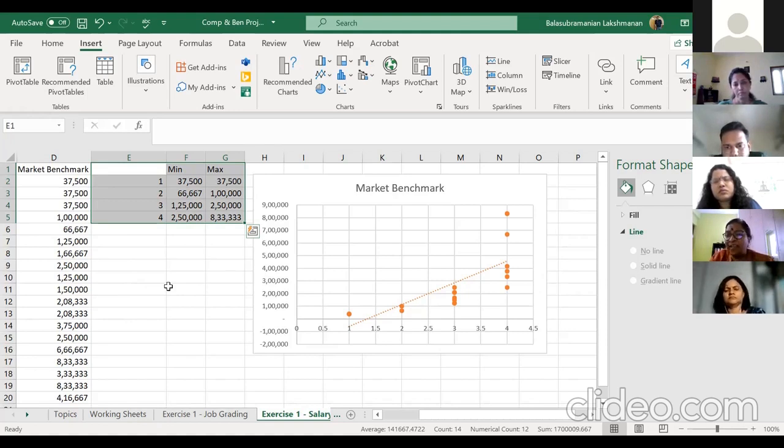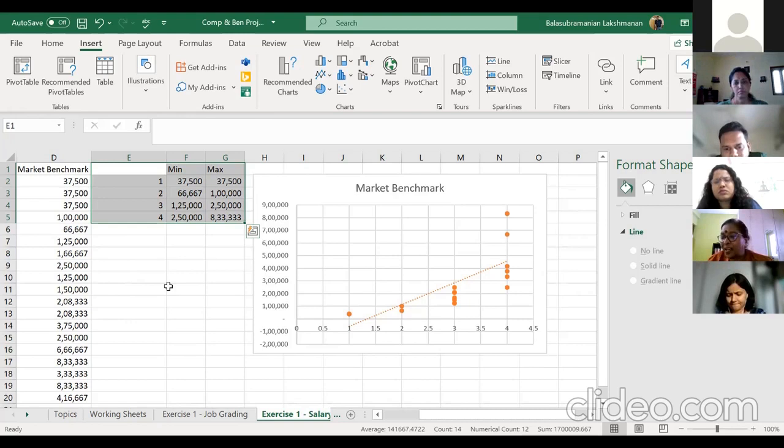When you are fixing this min and max, it doesn't mean that whenever I'm taking positions, I have to take a person only at a min or at a max level. No, you have a range. I can hire a person at a minimum or give him a little more if he is more experienced, etc. But I cannot hire less than a minimum. Once you have decided, I cannot hire a person less than a minimum.